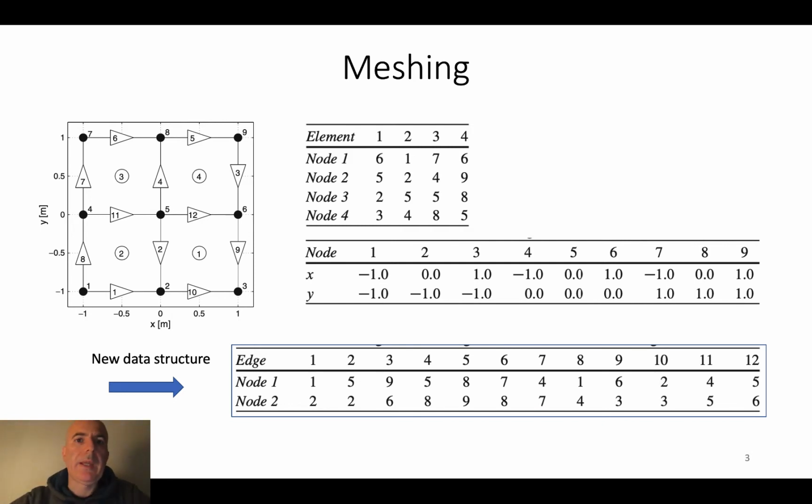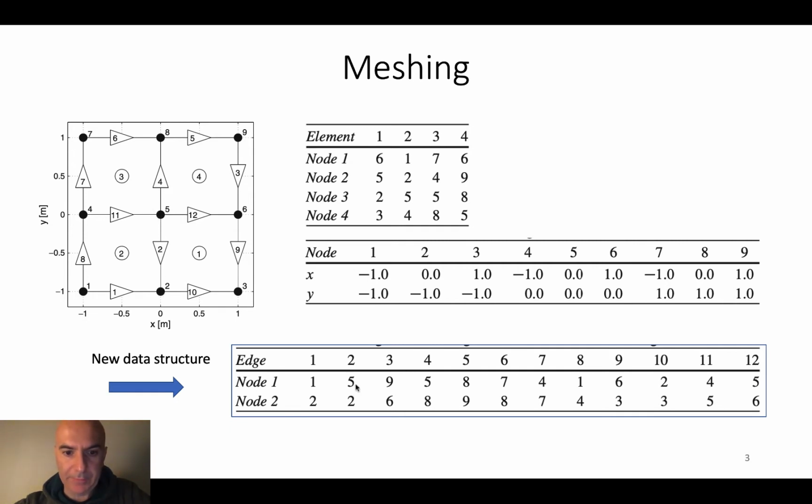When meshing edge elements, we also have a new data structure that relates the direction of the edge element. In this case, for instance, we relate the edge to 2 different nodes. For instance, we take edge equal to 2, and in this case it is this one, which corresponds to node 5 to 2.